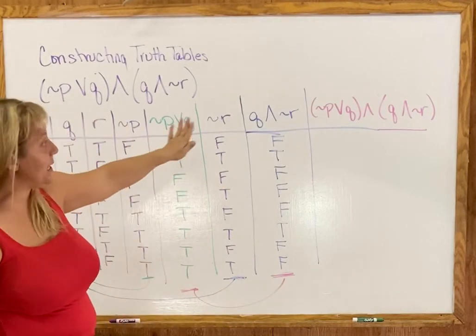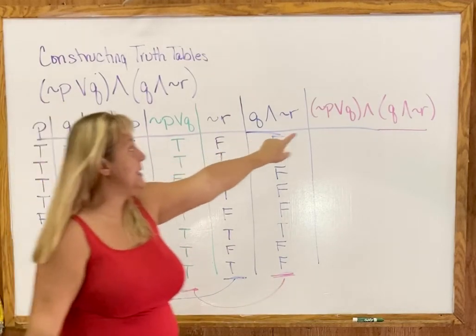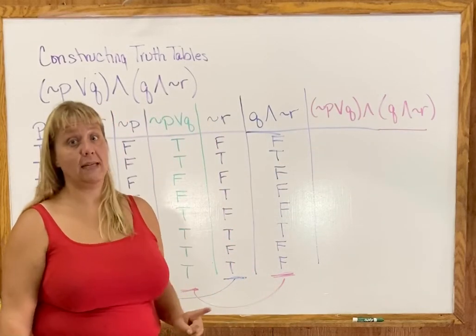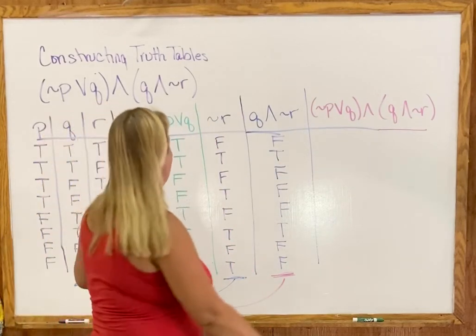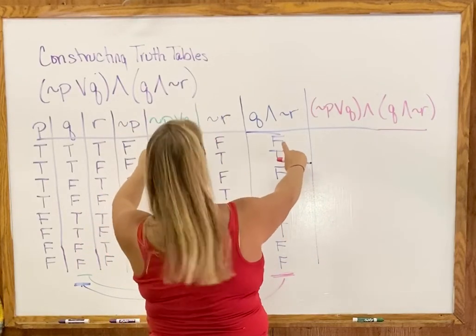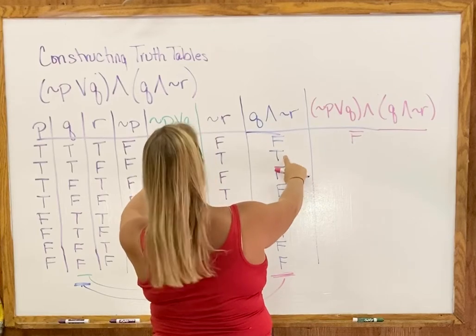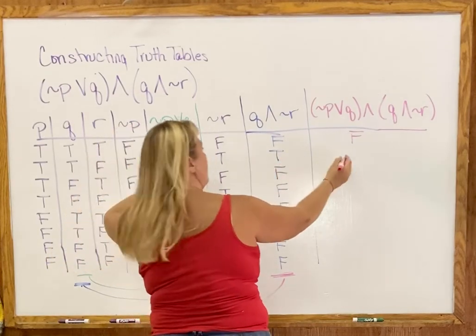So we're taking the green and the blue, and it's an AND, which means we need to see 2 T's, yes, to put a T. All right, so green and blue. So there's a F, so there's a false. There are 2 T's. Everybody see the 2 T's in the green and the blue?